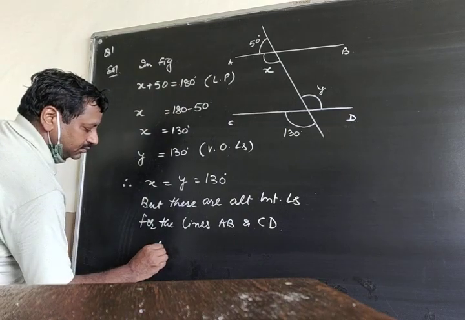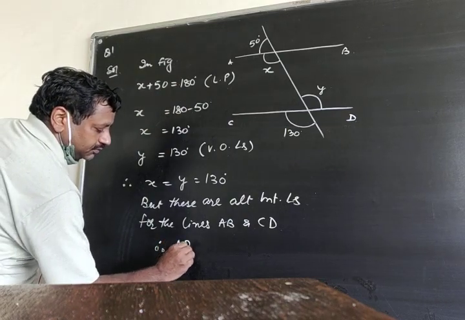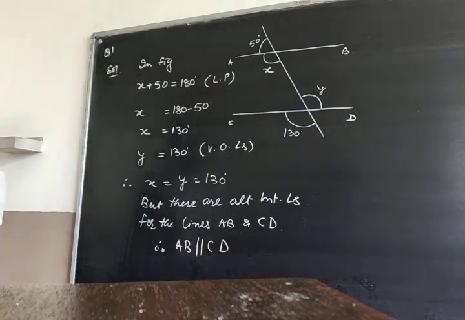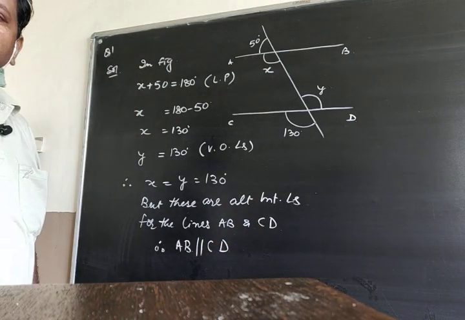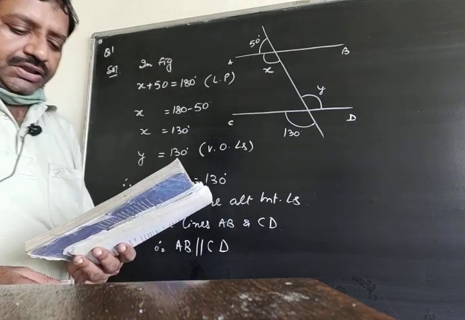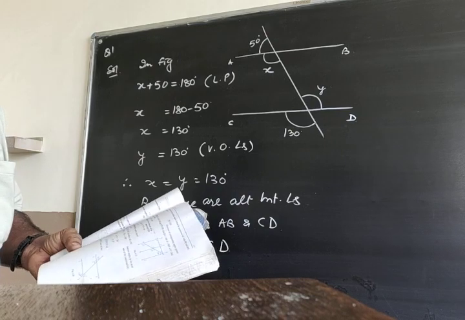Therefore, AB is parallel to CD. We have done in the basics that if the alternate angles are equal, then lines will be parallel, and if lines are parallel, then alternate angles will be equal.